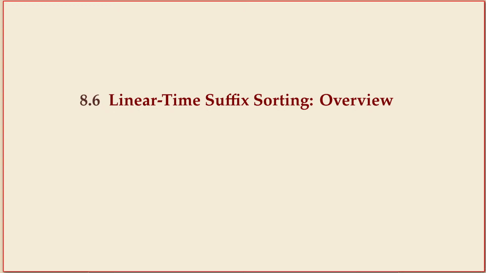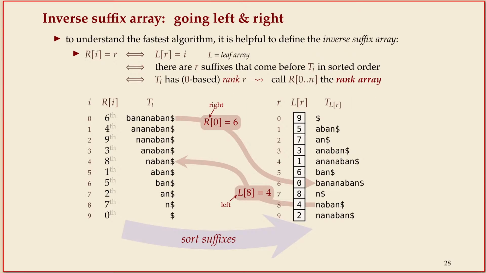So let's start with a bit of an overview first. To make this algorithm clear, I have to introduce a helper definition, just because it's more convenient to formulate the algorithm for that helper result instead of the suffix array itself.